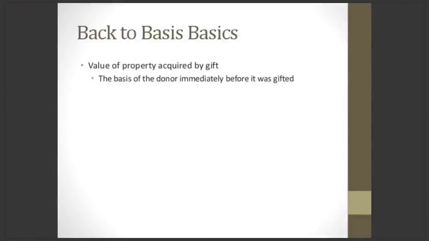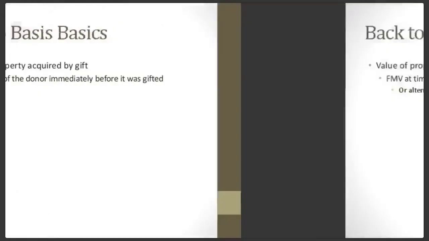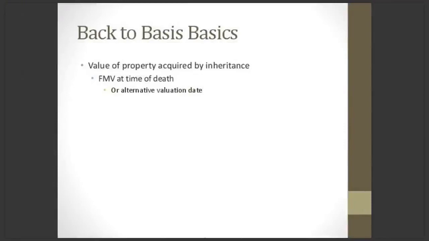In the presentation, we would be discussing assets that are contributed to the business for our share of the partnership, and what the value of a gift would be that we're putting in. So what's the value of the gift received by us? And then what if we put in something that was inherited by us? Maybe we have property that was inherited and we use that property to put it in. What's our basis in the property?